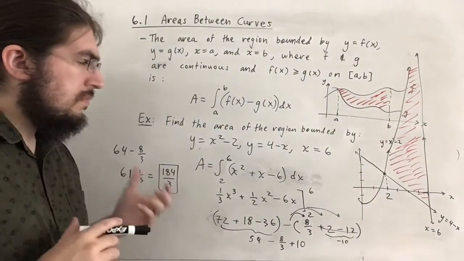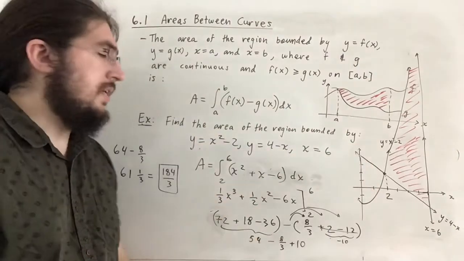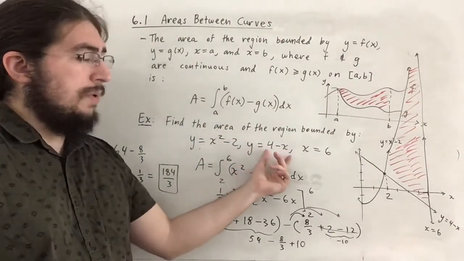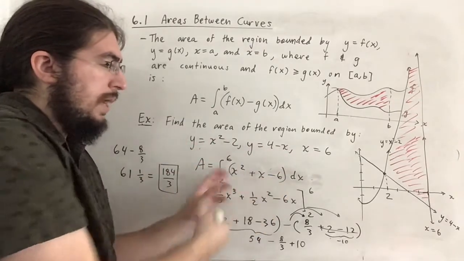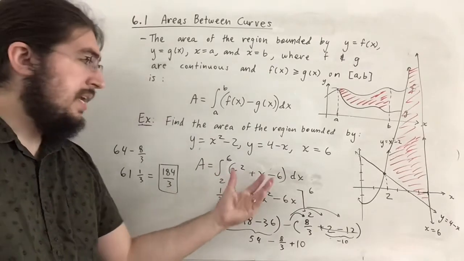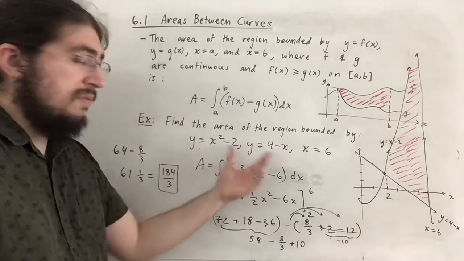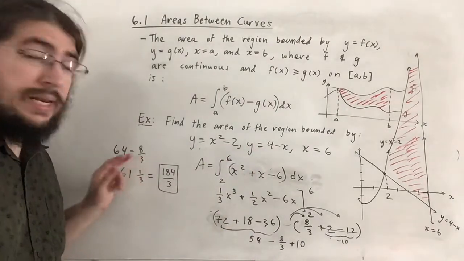Now, one thing I'd like to say here is that remember that we're doing the top function minus the bottom function. Now, if we don't know, we guess like I mentioned earlier, and we did, let's say, the bottom minus top without knowing, this subtraction would be in the opposite way, so each of these terms would be negated. If you pull the negative out, what we end up getting would actually be negative of the integral we got here, so the answer in that scenario would actually be negative this.